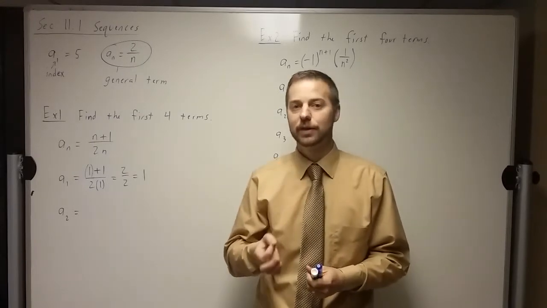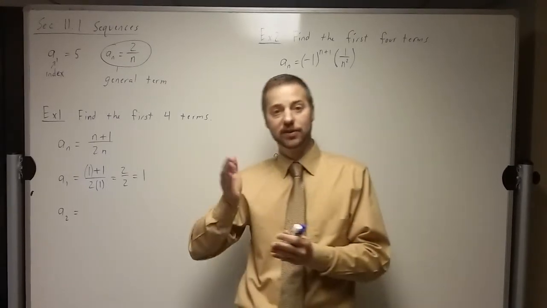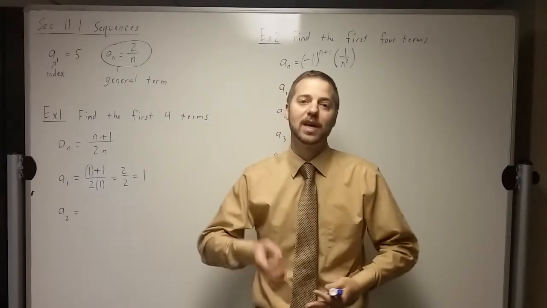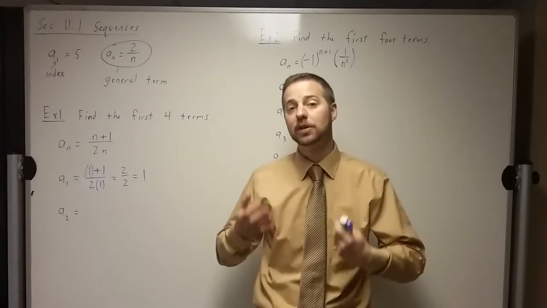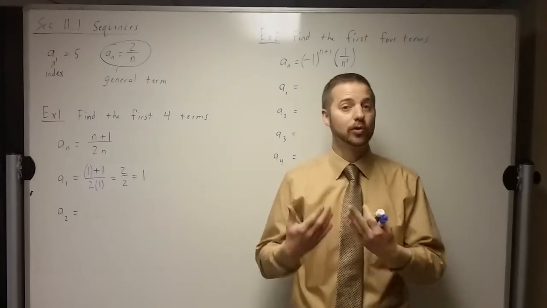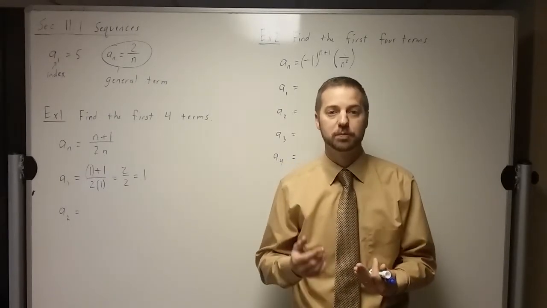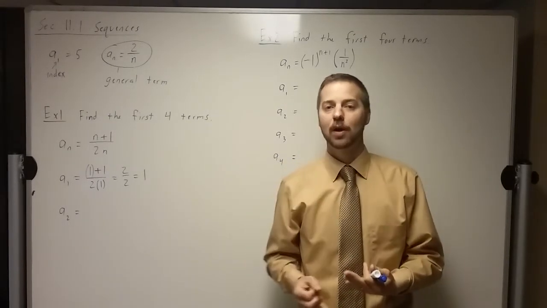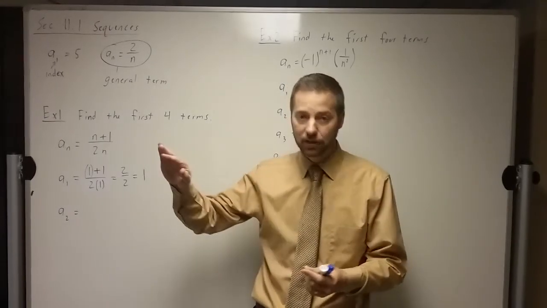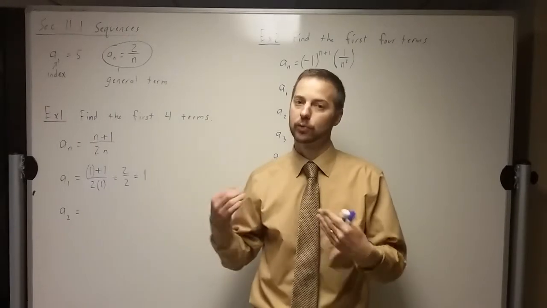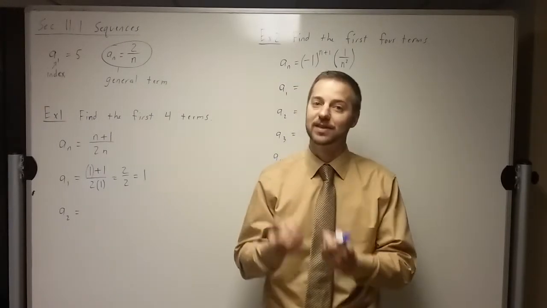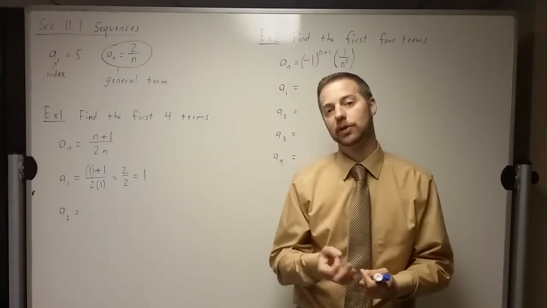The thing that's different from a normal function that we talked about in a sequence, the input has to be whole numbers. You can't input decimals, which means if you were to graph a sequence, it would actually just be dots. It would be points. Whereas if you graph a function, you can connect those points with a smooth curve because all the in between the whole numbers works. On a sequence, it does not. It's just the whole numbers.